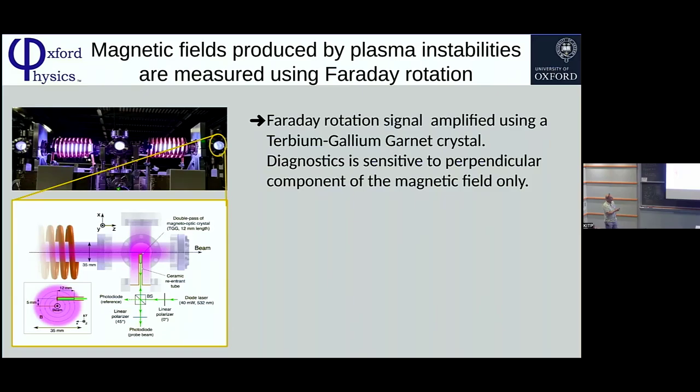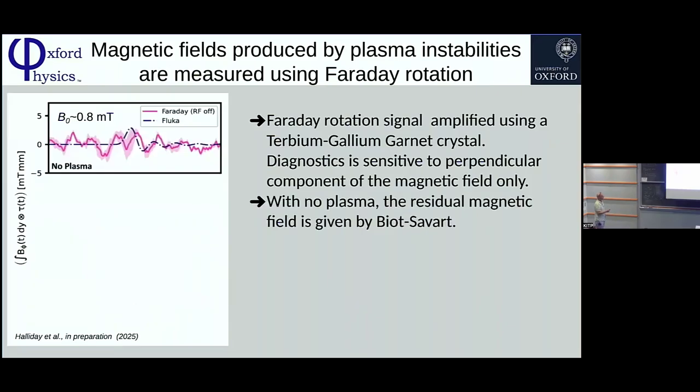This will be technical, but if you put a crystal inside the plasma and you fire the laser through it, this enhances the Faraday rotation by orders of magnitude. So we can see a signal. And so the idea is, first, when there is no plasma, right?